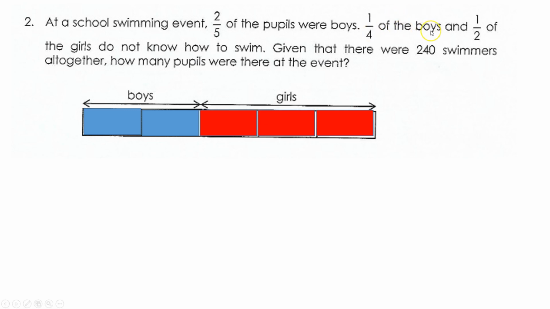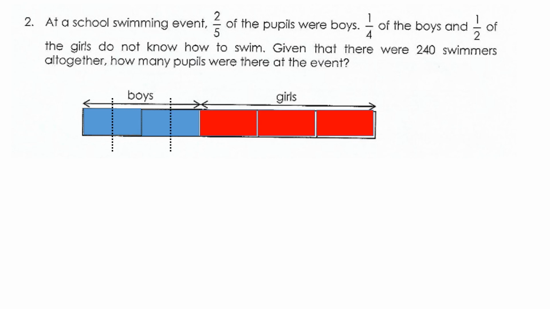Okay, let's read on the sentence. 1/4 of the boys do not know how to swim. Now I'm focusing on the boys. 1/4 of the boys. Over here the boys has 2 units. But they say that out of these 2 units, 1/4 of them cannot swim. So how did these 2 units become 4? Simply, I can cut them into smaller pieces.